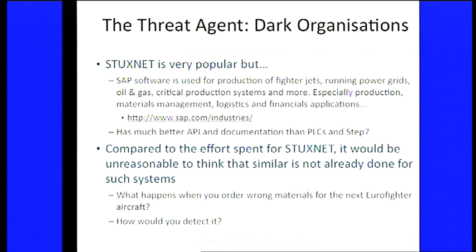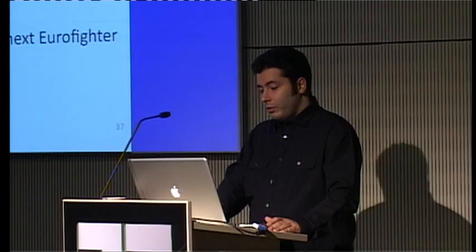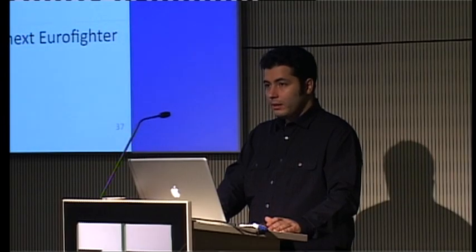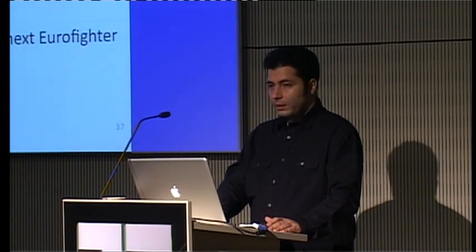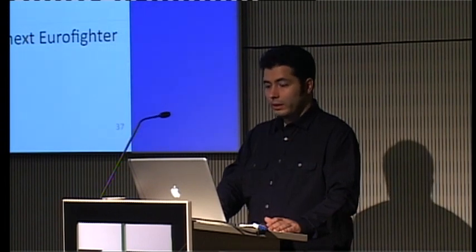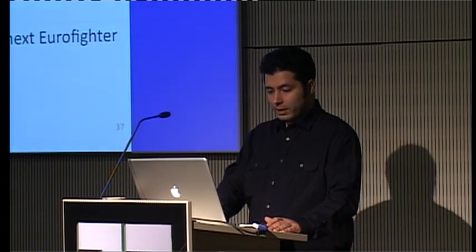Unlike the FX talk about reversing Step 7, it is much, much easier to write. So I would say, from my experience, it would be unreasonable to think that something similar to Stuxnet is not already done for such systems.